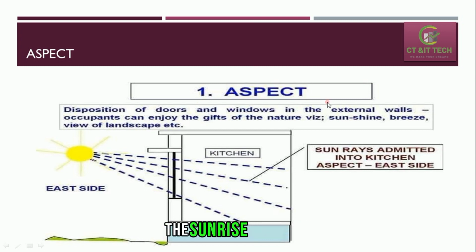The sun rays admitted into the rooms, kitchen, etc. on each side is called aspect.